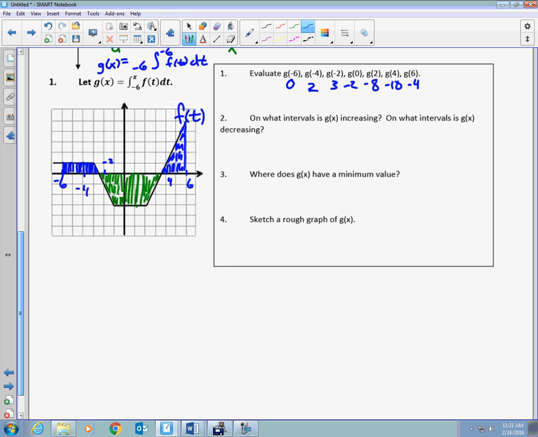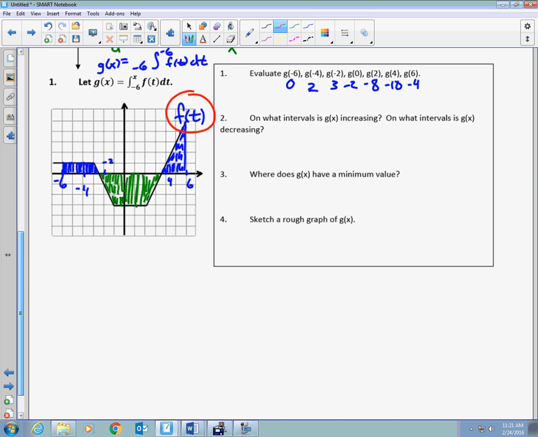All right. The question is, on what intervals is g of x increasing? Okay. Well, that's wherever its derivative is positive. What is the derivative of g of x? F of t is its derivative. We know that g of x is increasing wherever the derivative is positive.